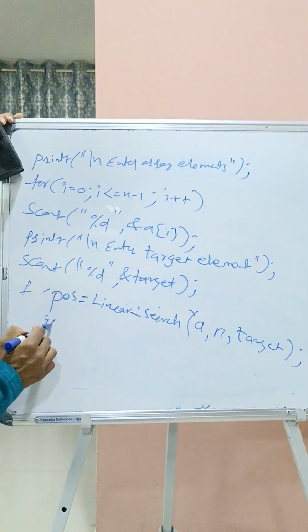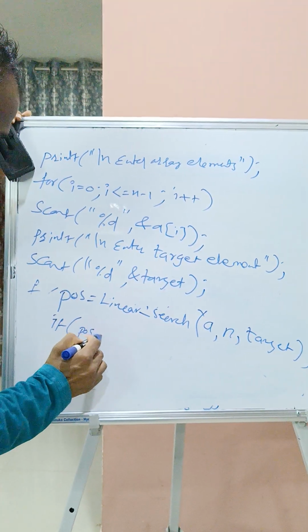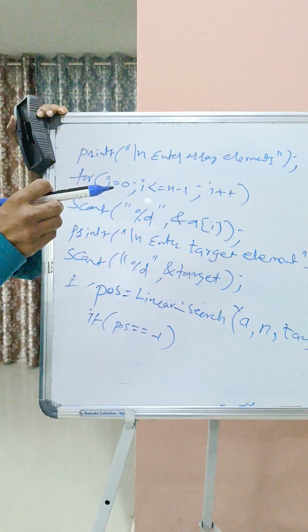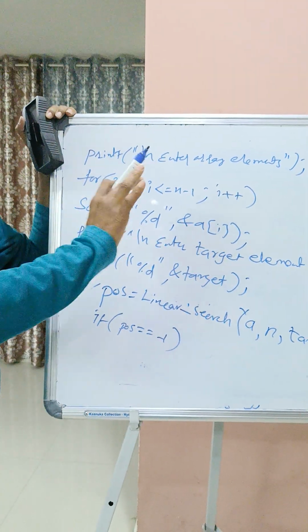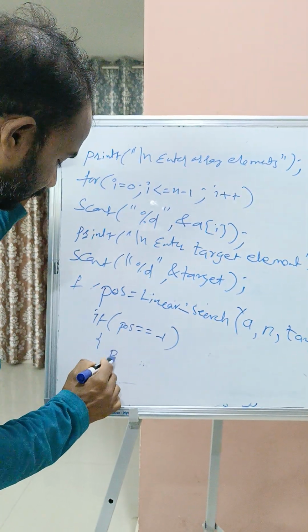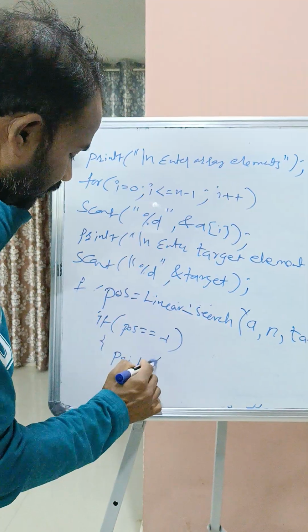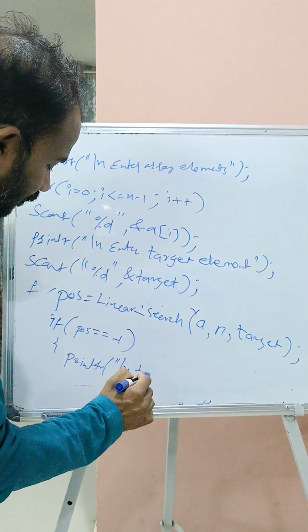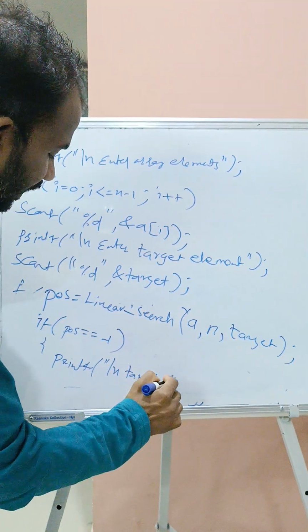Right? If the position is equal to minus 1, that means when we are returning minus 1, the target element is not present in the array. So printf one output: target not present in the array.